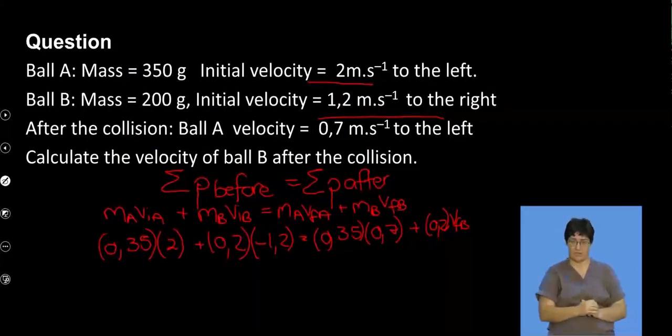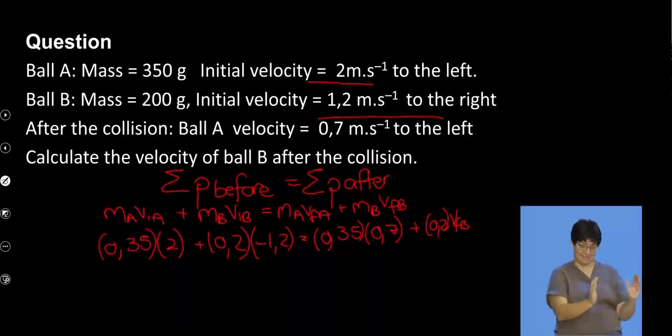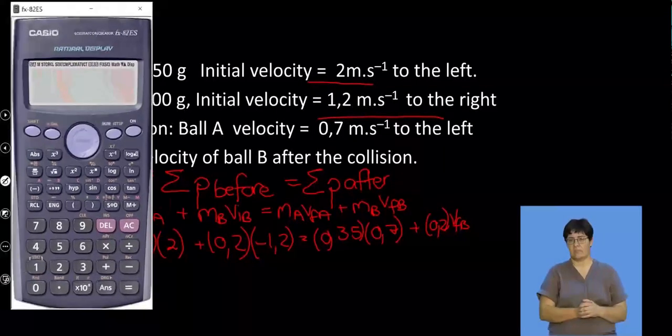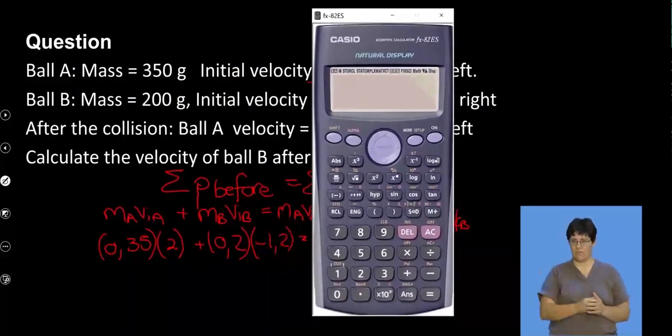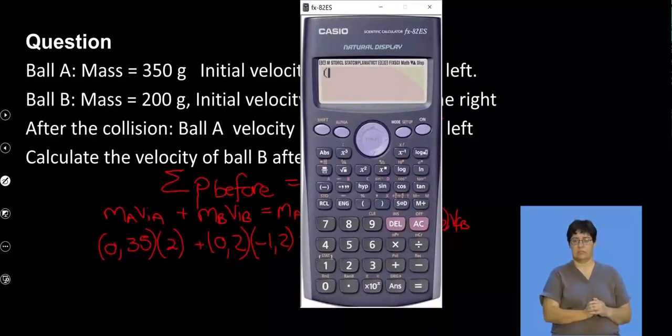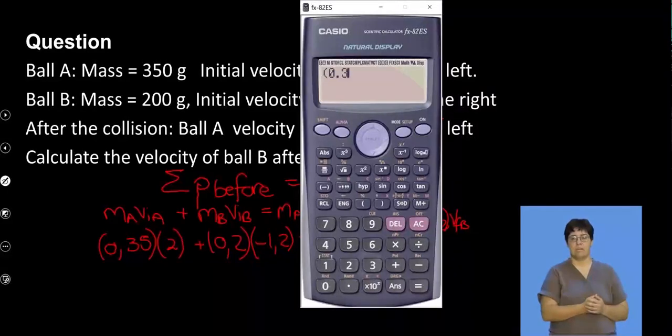I'm going to solve the left-hand side first, so I'm going to need the calculator because, well, it's important. So let me put it over here so I can see what the sum is. So I'm going to go 0.35 times 2.